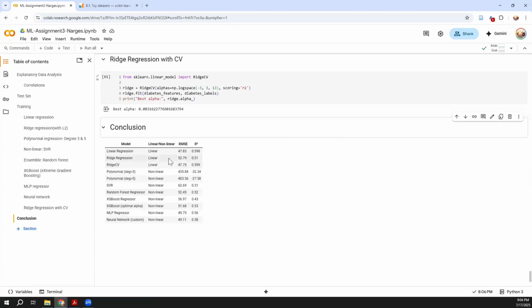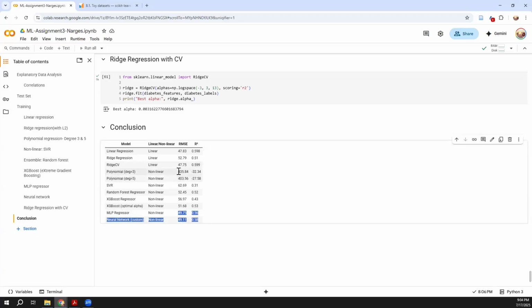So to compare our linear and nonlinear algorithms, we can see that, first of all, root mean square error is better when it's lower, and R-square is better when it's higher and closer to 1. And in this case, we can see that the best models before applying the cross-validations are our 2 linear models and to some extent our deep learning models, even though they're still slightly lower in terms of accuracy.